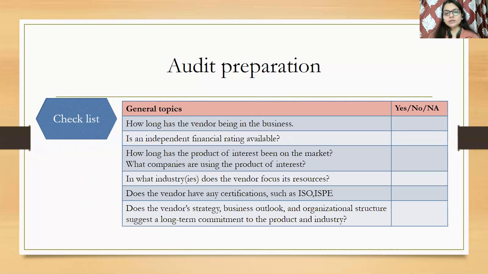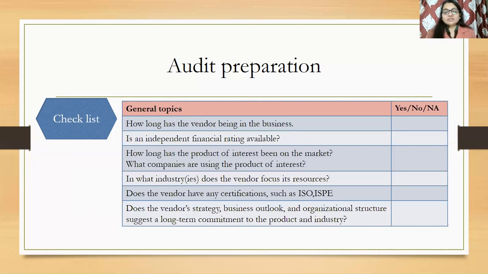So we discussed the checklist in brief. You can see the checklist in the media also. Like general topics: how long has the vendor been in the business? Is an independent financial rating available? How long has the product of interest been on the market? In what industries does the vendor focus its resources?